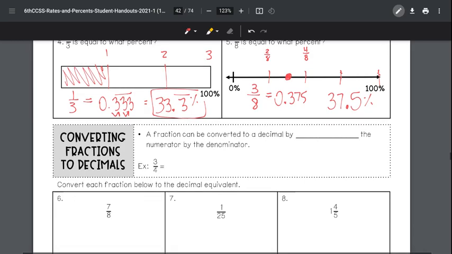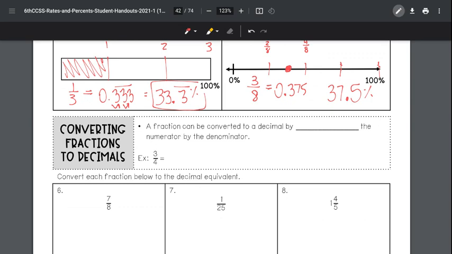All right, converting fractions to decimals. A fraction can be converted to a decimal by dividing the numerator by the denominator. So if you do 3 divided by 4 equals in your calculator, you should get 0.75.